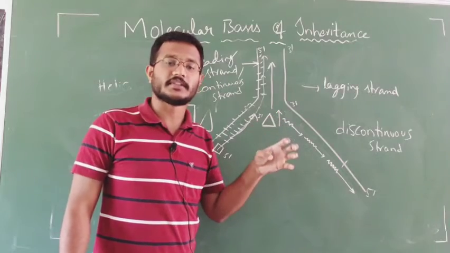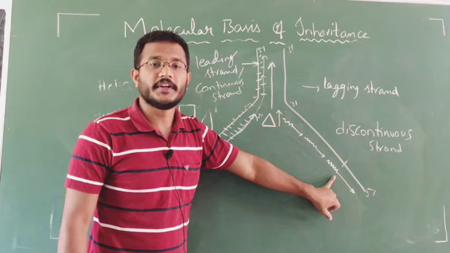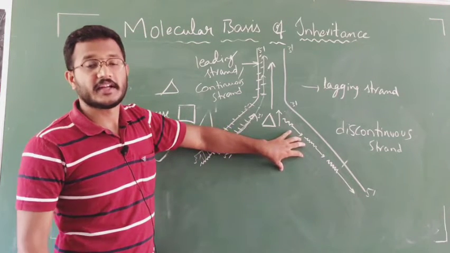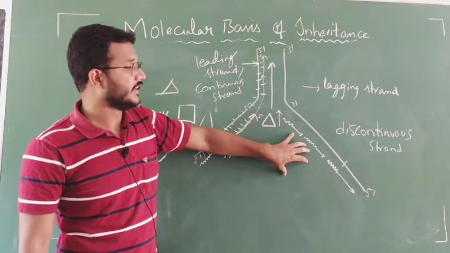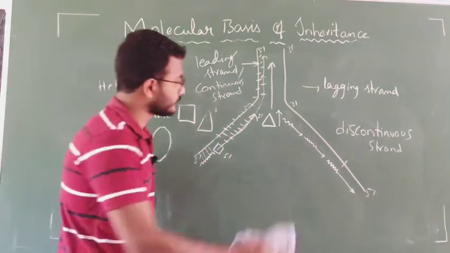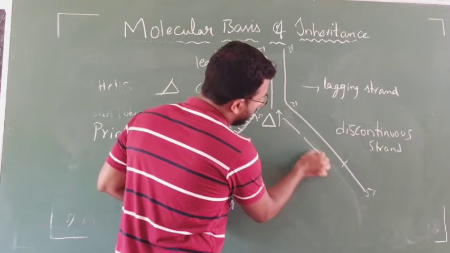It is a very slow process. As a result, several RNA primers are needed, and the new DNA polymerase will add new nucleotides in a discontinuous manner. So as a result, the complementary strand will form like this.